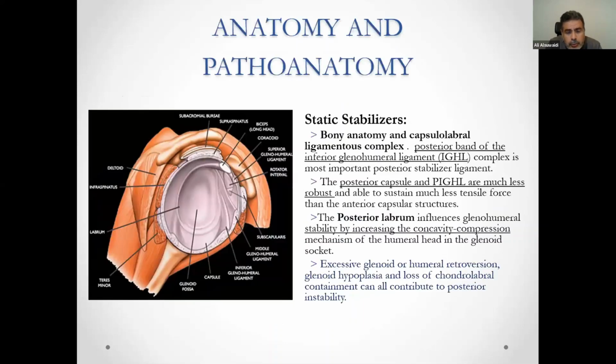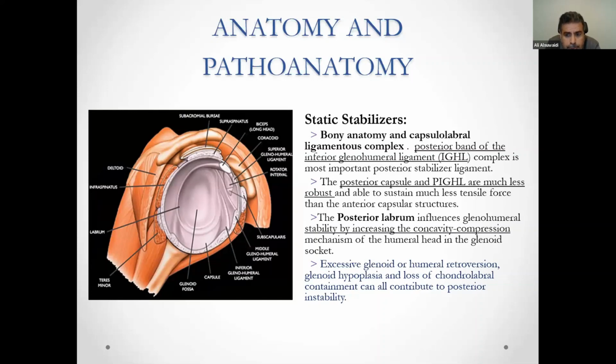Now, just to go quickly over the anatomy and pathoanatomy. As we all know, on the posterior aspect of the shoulder, what gives the stability from posterior translation is the posterior band of the inferior glenohumeral ligament, which is not as strong or robust as the anterior band of the inferior glenohumeral ligament.